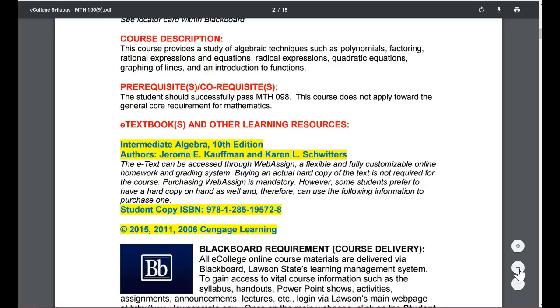But if, for example, you have some type of extenuating circumstance, you're in the military, you had to leave for a week or so, you need to email me that information way in advance, so that I'll know what's going on, and we can schedule how you can get that work completed and get credit for that work.